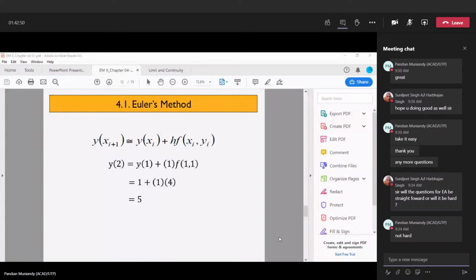So there is no way to do what you did just now, true minus approximate divided by true, multiply by 100%. It doesn't work because you don't have a true value for chapter 5. Chapter 5, in a way, stands alone. Even though chapters 4 and 5 are in one group under the umbrella of numerical methods, for chapter 5 you don't have the analytical method of solving at the moment, but you will study that in the future.